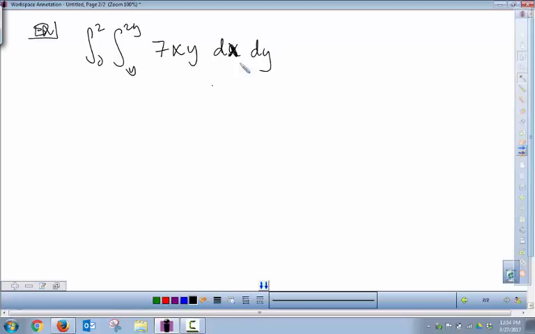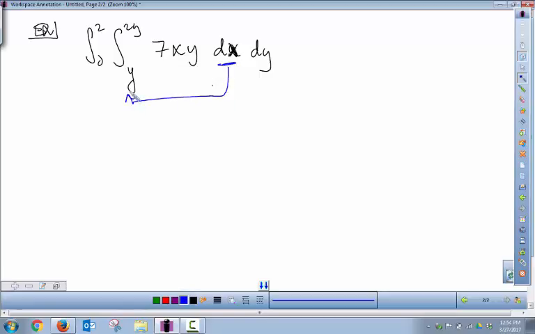So here's another example. This time there are variables in the limits. Yeah, the lower one's y. So if we follow the same process and try to figure out, yeah.